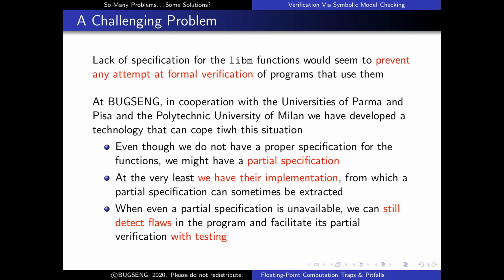Even though we don't have a proper specification for the function, sometimes we have a partial specification, and sometimes we are able to extract a partial specification from the implementation of the library. And even when this is impossible, we can still detect many flaws in the program and facilitate its partial verification with testing.